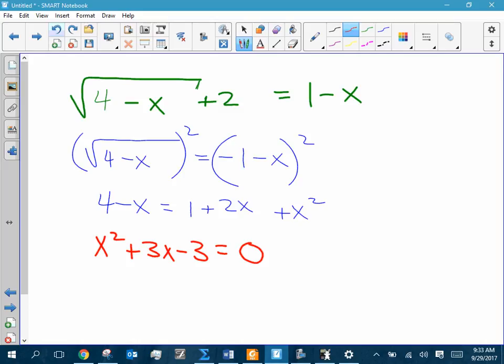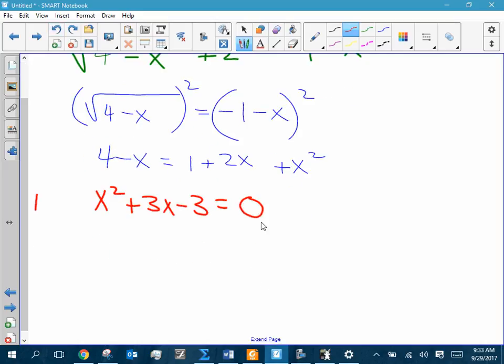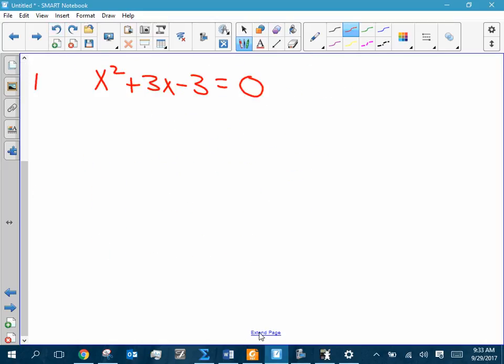All right. Now, are there two numbers that you can think of that multiply together to give me negative 3, but add to give me positive 3? No. Okay. So if that's not the case, what do you have to do? Quadratic formula. So we're going to say x is equal to the opposite of b.